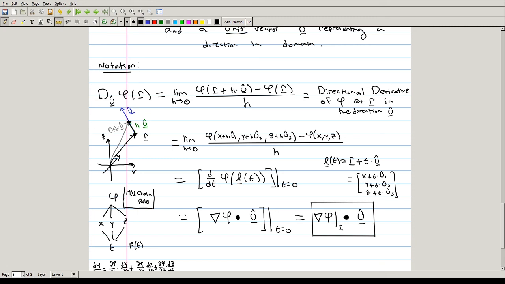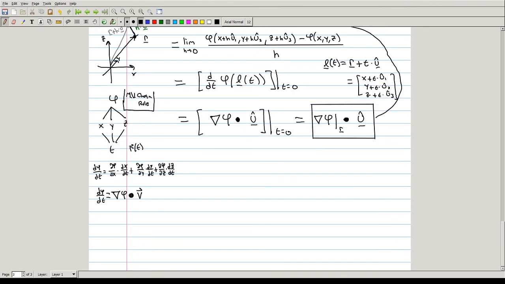So what we've shown is both the exact definition of the directional derivative, which is the limit definition, but we've also now shown that this will always be the gradient of the function phi at a given point dot product with the unit vector u hat.